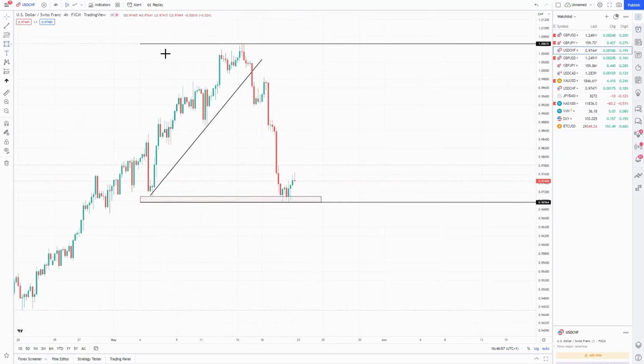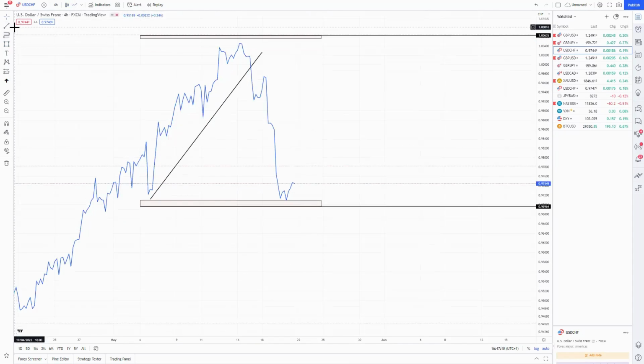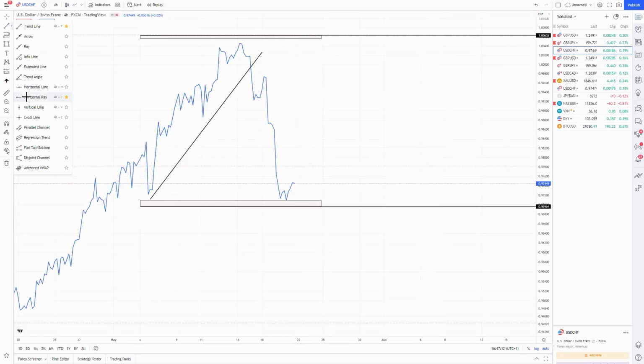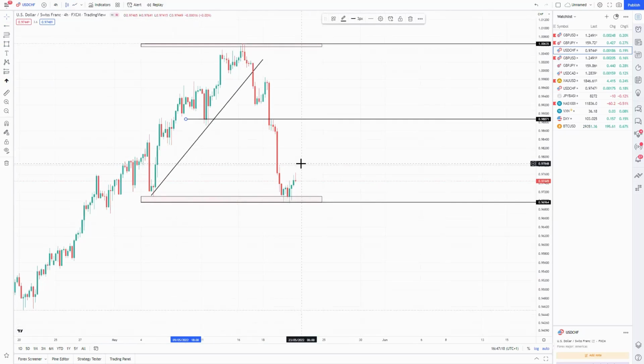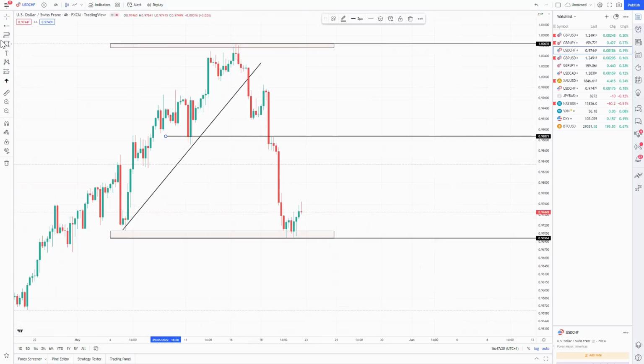So let's mark this point to here. Okay, good. And if you look at our intermediate zone, we can spot a bullish pressure here. Okay, good. So let's just mark this one out too, because price could possibly push to that area. We don't know. React to what we see.